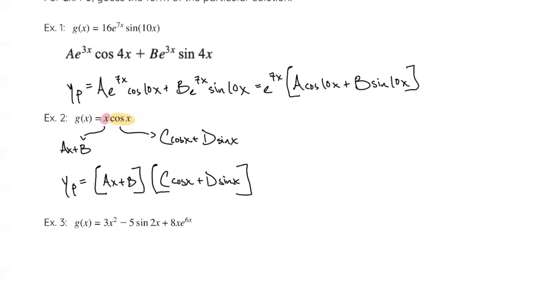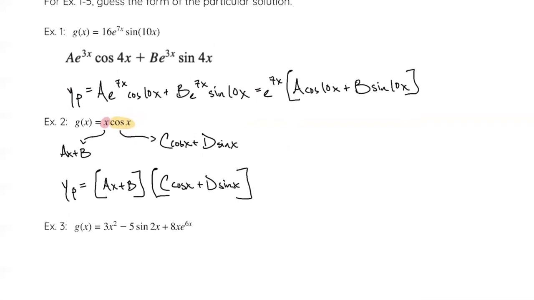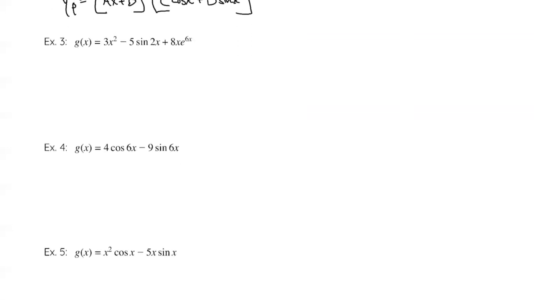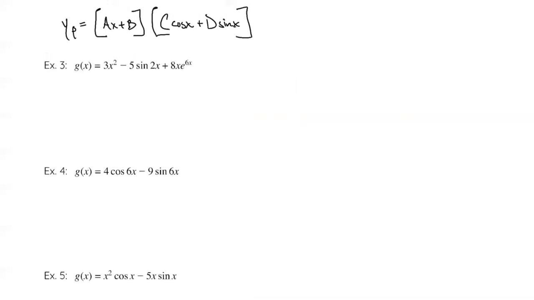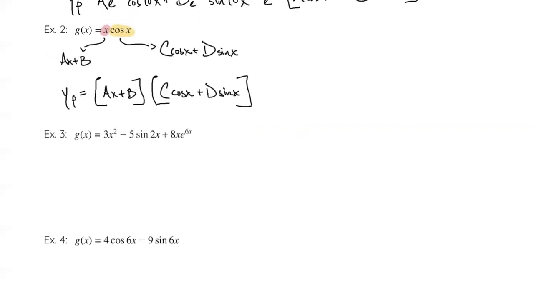Now, the first two examples we did were all with multiplication. But if we take a look at these last three, we start to see some addition and subtraction. And it turns out that addition and subtraction just mean that we can take each one, find its general form. So find the general form for the 3x squared.